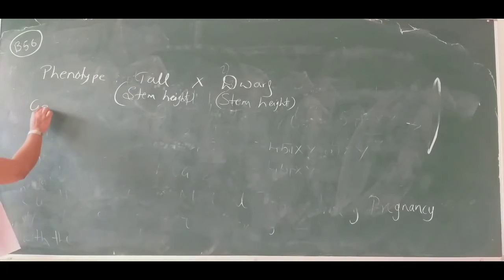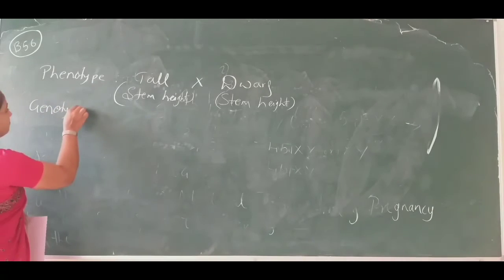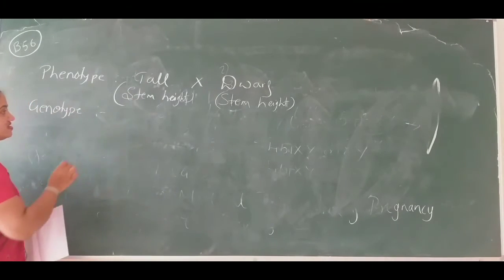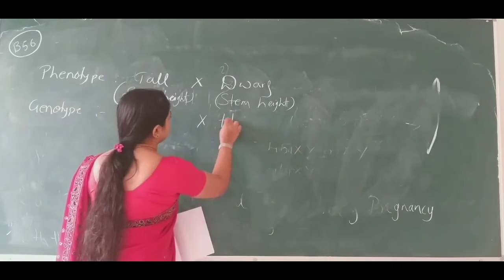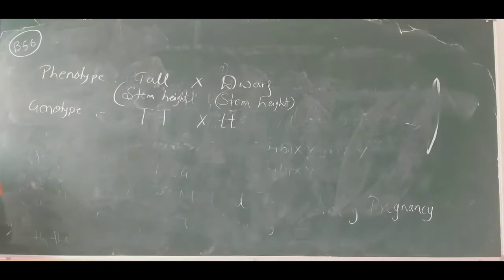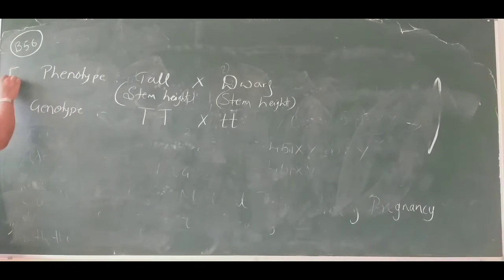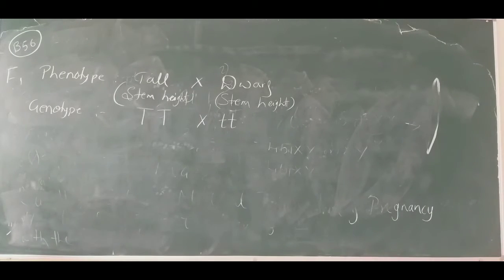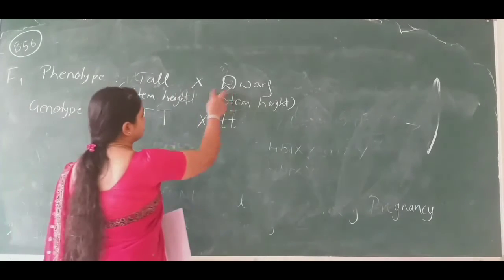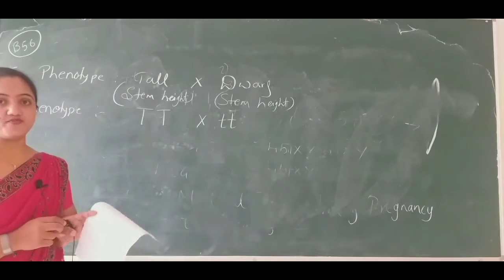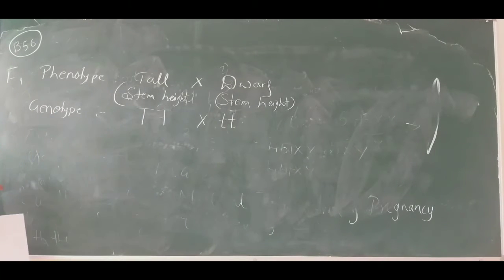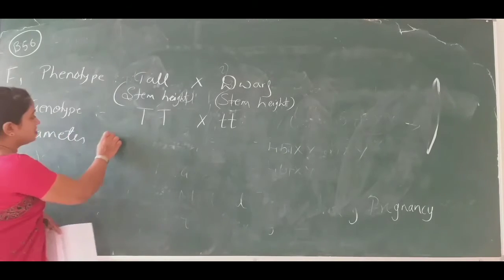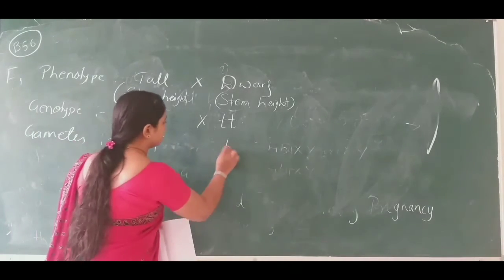The genotype of this contrasting character is capital T and small t. They will be in the pure condition, and the gametes that we are supposed to write here, you have to write capital T and small t.